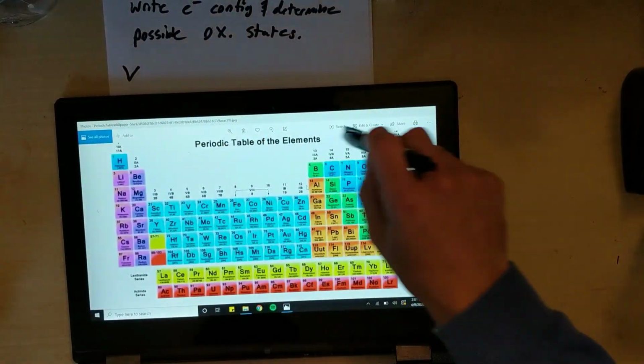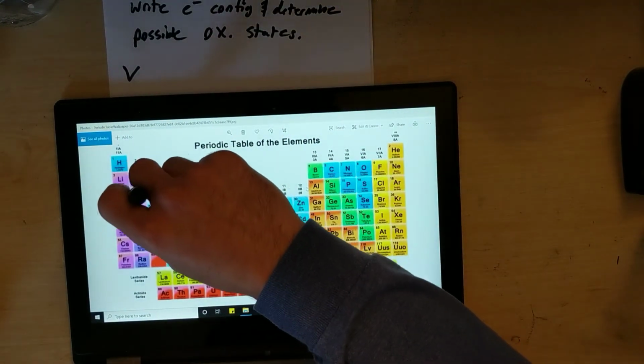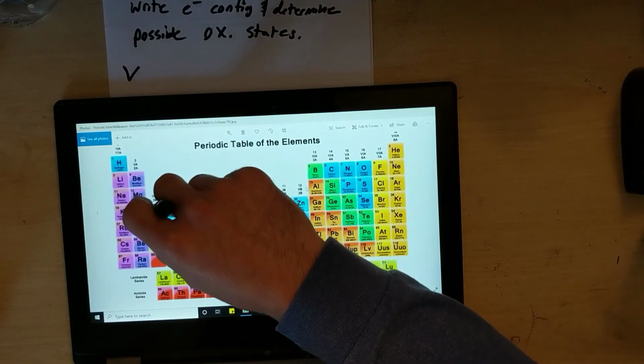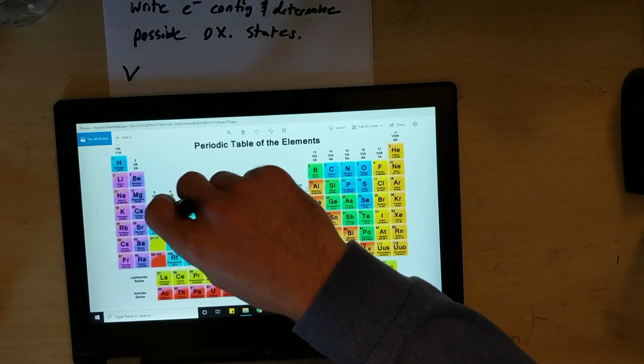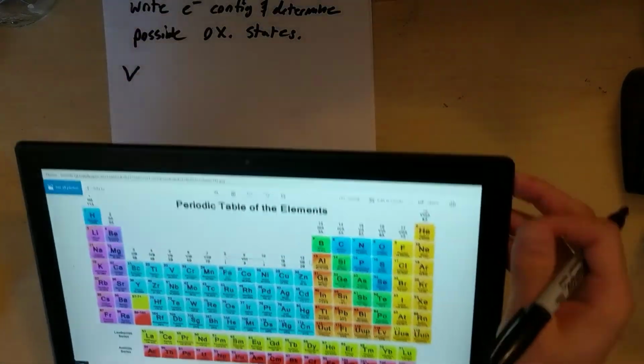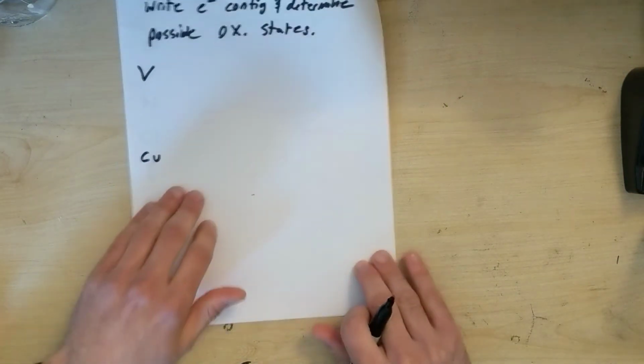All right, so it's going to be 1s2, 2s2, 2p6, 3s2, 3p6, 4s2, 3d3, right? 3d3, because that d orbital has one lower energy level. So let me write that out.